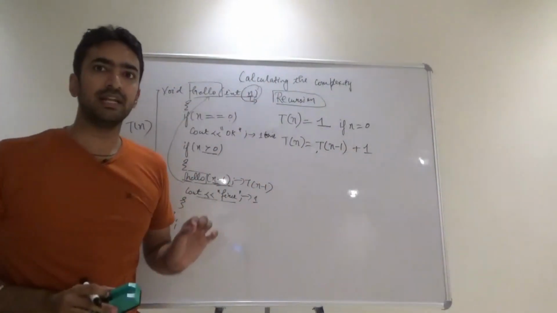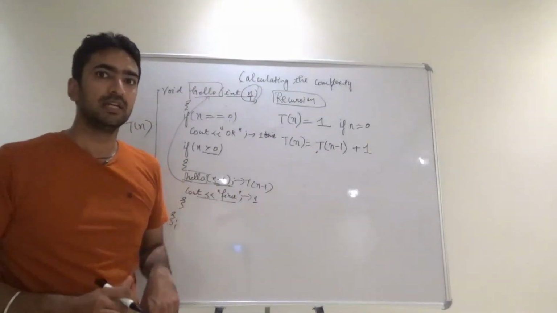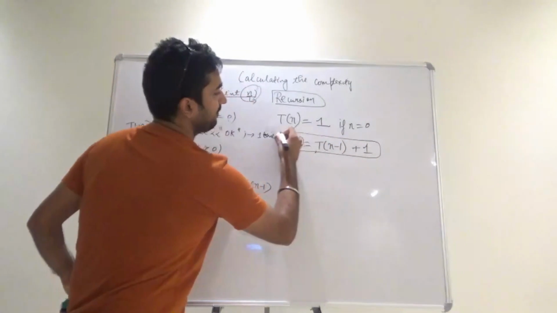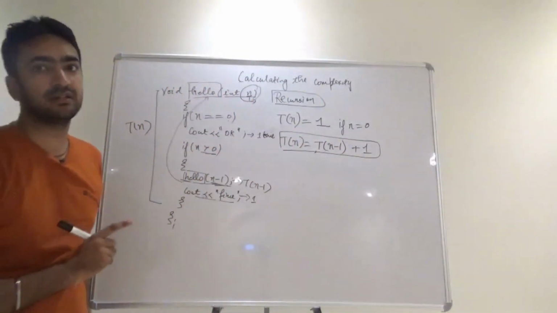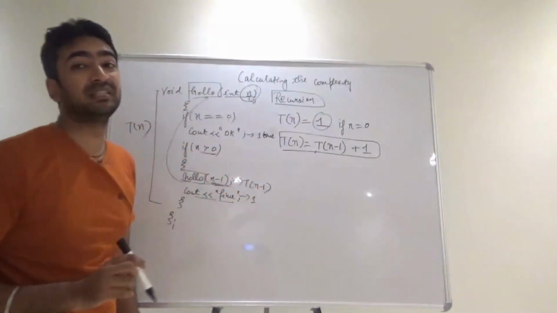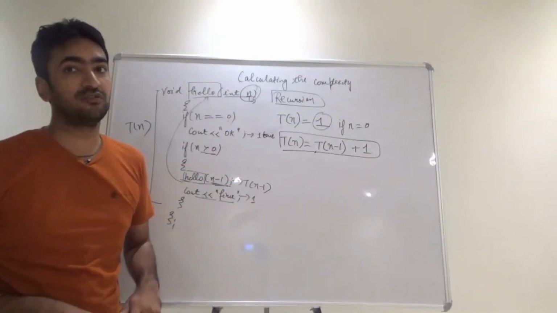An important point to understand in this concept is that we have T of n equal to T of n minus 1 plus 1. This is the major time complexity. The 1 over here cannot be a major time complexity, it is just used to solve it.